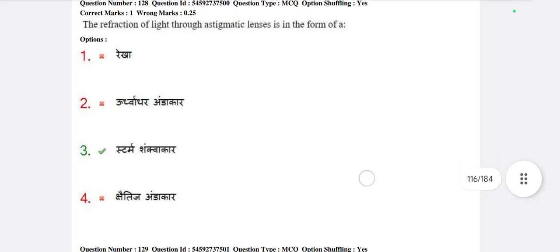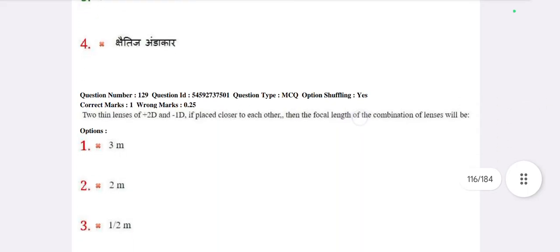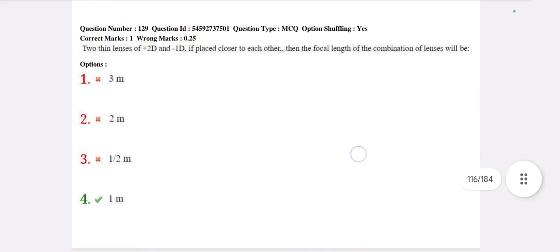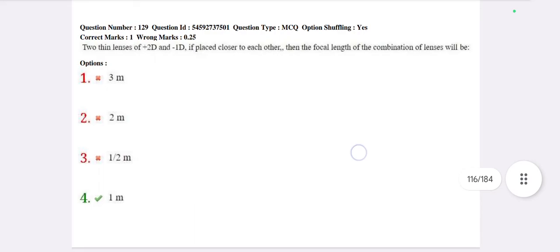Next question is, two thin lenses of +2 diopter and -1 diopter are placed close to each other, then the focal length of the combination of lens will be 3m, 2m, 1/2m or 1m. Correct answer is 1m.